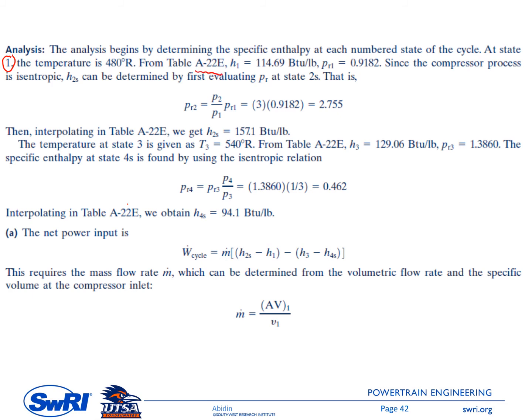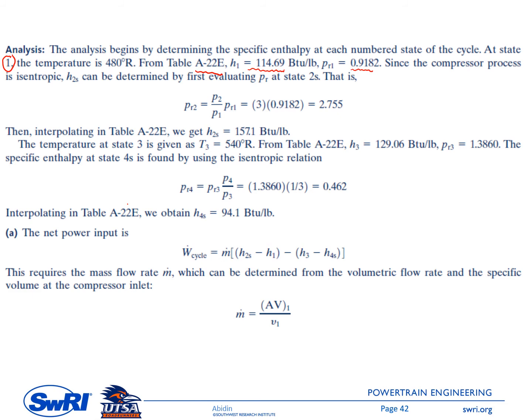Looking at the temperature at 480 degrees Rankine, you will get the enthalpy of 114.69 BTU per pound.